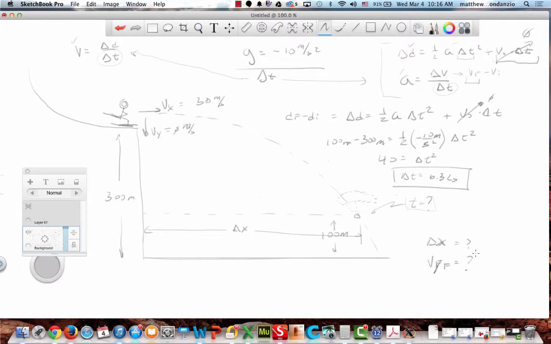The horizontal motion is completely independent of the vertical. So he's going at 30 meters a second horizontally at a constant velocity, which means his velocity is not changing. Okay? So that's very simple.